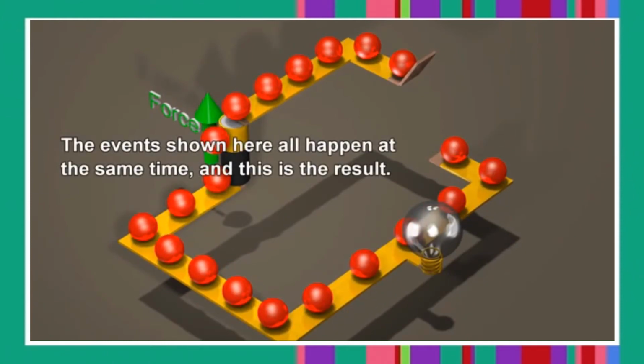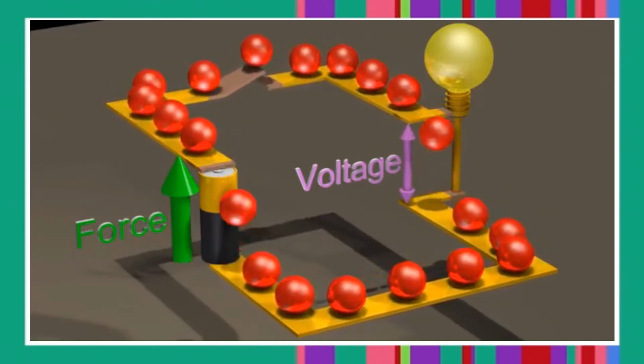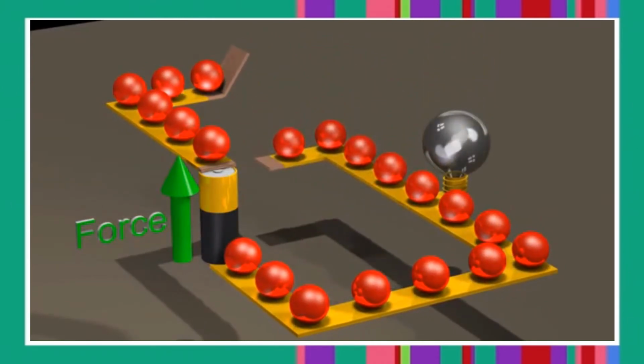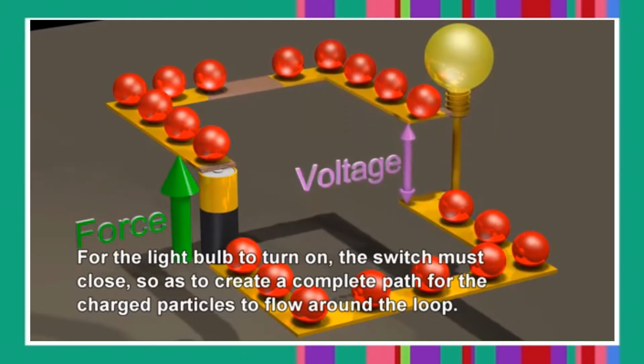The events shown here all happen at the same time, and this is the result. For the light bulb to turn on, the switch must close so as to create a complete path for the charged particles to flow around the loop.